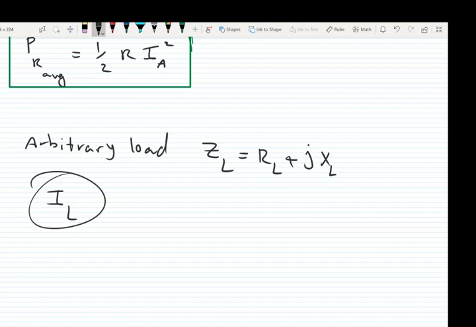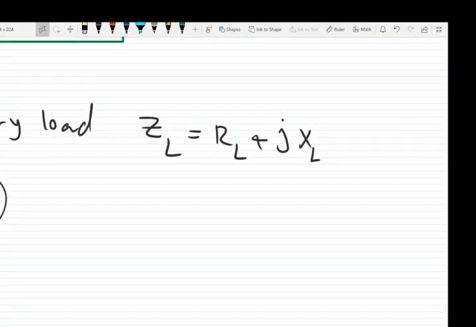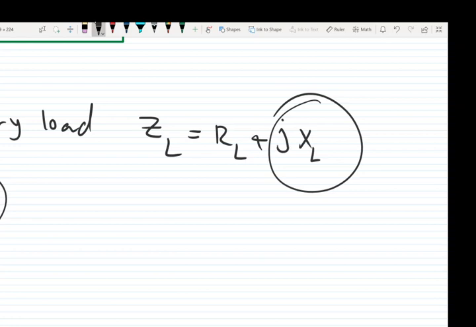But one thing which is important. Let's assume we have the circuit and we found IL. So what is the average power? We know that the reactance part represents the net inductance and capacitance.